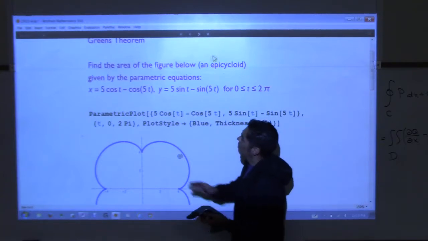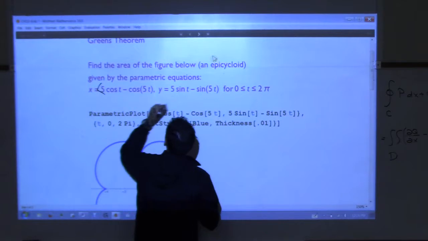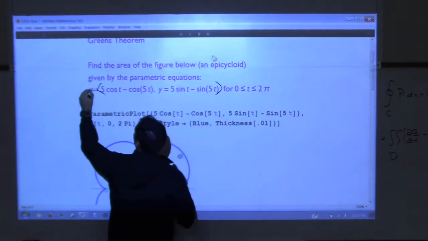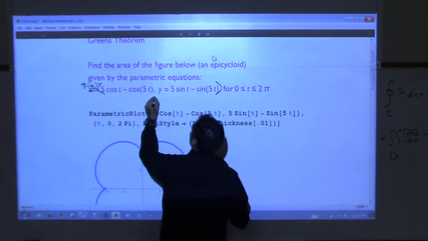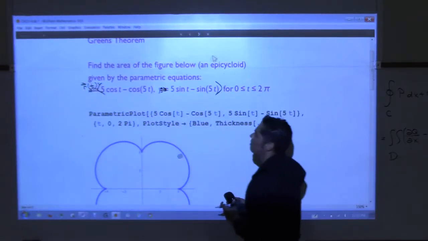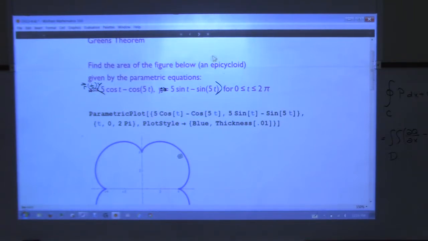There they are. You have the x and the y. So this is really, if you put this in a vector like this is like your r of t right here equals this, comma, forget the y, right? Do y'all see that? That's like your vector function that draws that weird curve. Find the area of that. Understand?